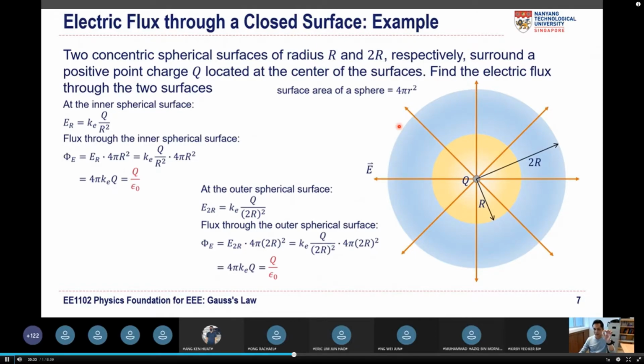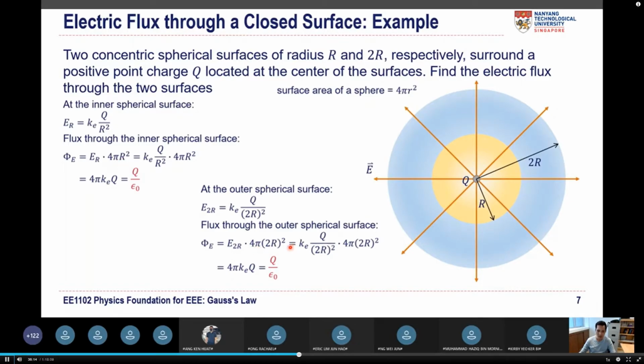We know that the small surface area here will always be at 90 degrees to the direction of the electric field, just at that point. Okay. Then it's going to be a simple multiplication. The flux through the total surface of the outer sphere is going to be the electric field at that point multiplied by the surface area of the outer sphere, which is given by, again, 4 pi r squared.